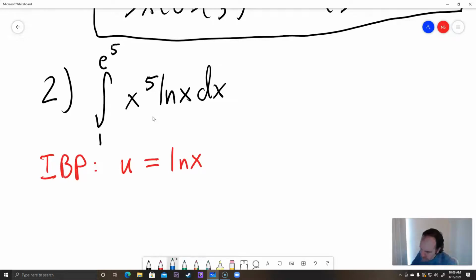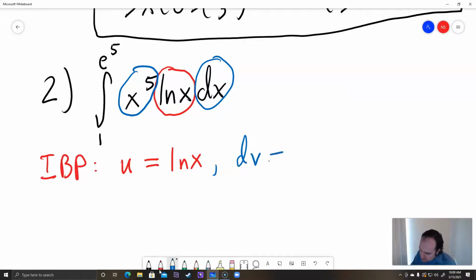And then we're going to let dv be everything else. So here, dv equals x to the 5th dx.